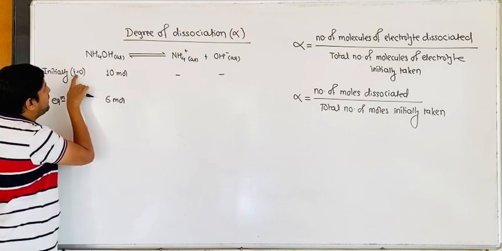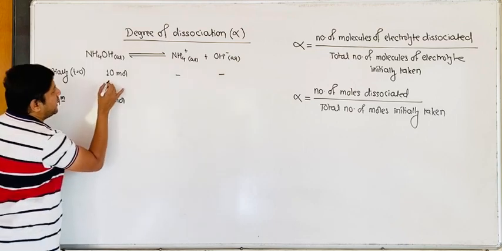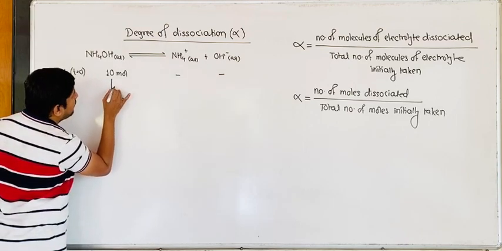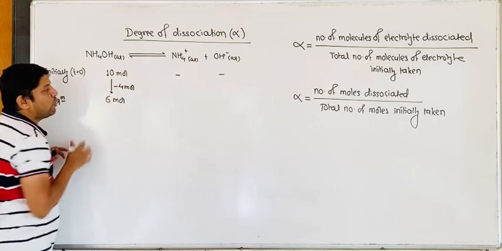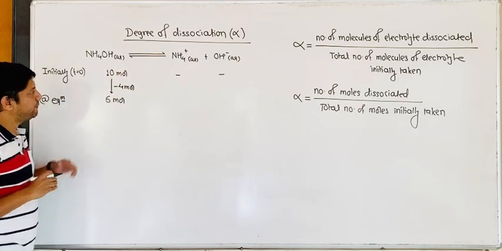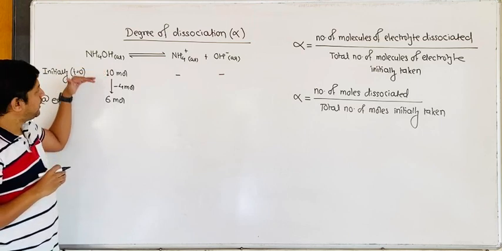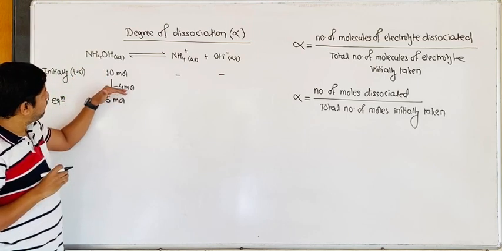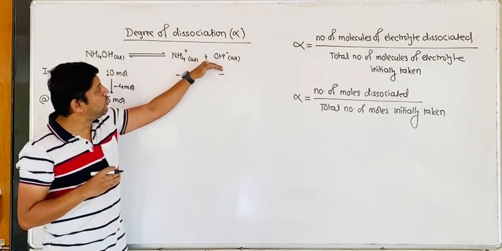That means from time t equal to 0 to time at which equilibrium is attained, 4 moles of NH4OH are dissociated. In this period of time, 4 moles of ammonium hydroxide are dissociated into its own ions.